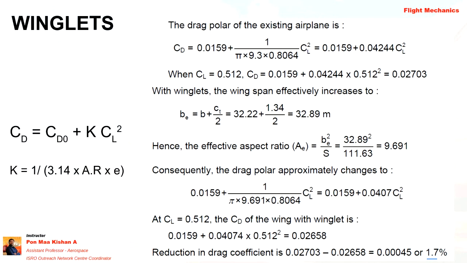So we have used just the span length b by b plus ct by 2, but depending upon the structure we are using, the airfoil we are choosing for winglet and the types of winglet. So whether the winglet is retractable, nowadays Boeing is having retractable. So depending upon winglet shape and winglet type, this percentage of drag reduction will be changing. Okay. So for this particular problem, our reduction in drag is 1.7%.